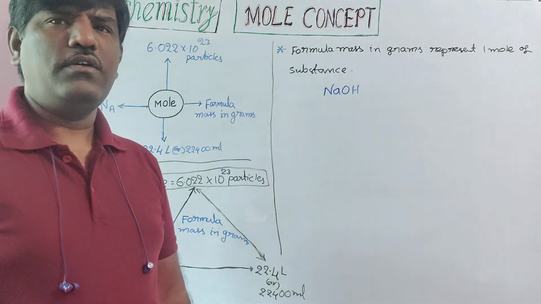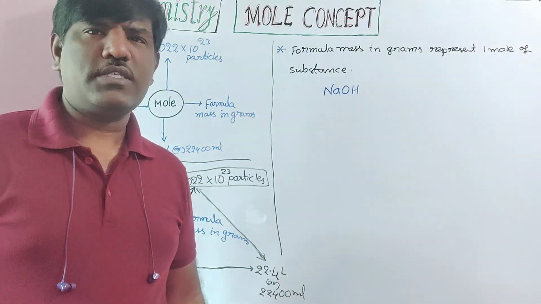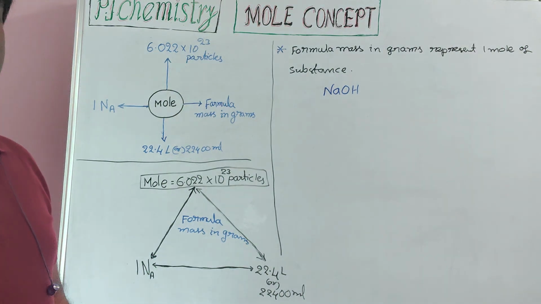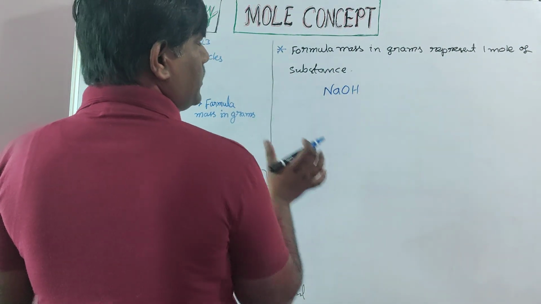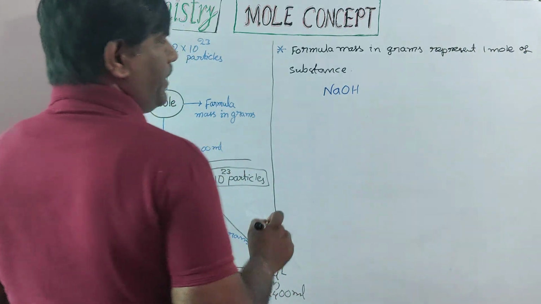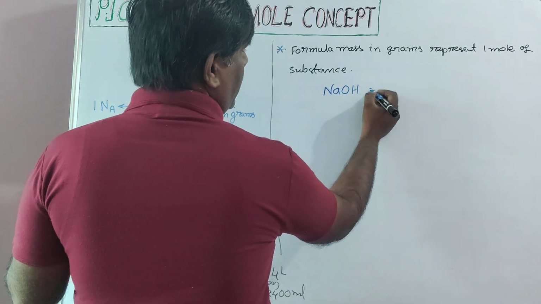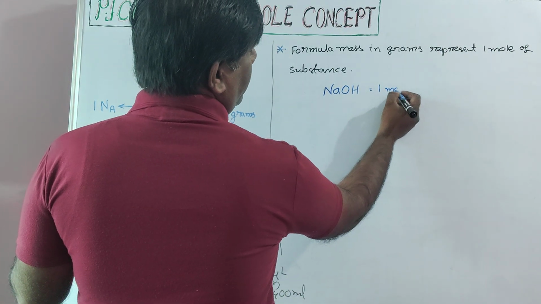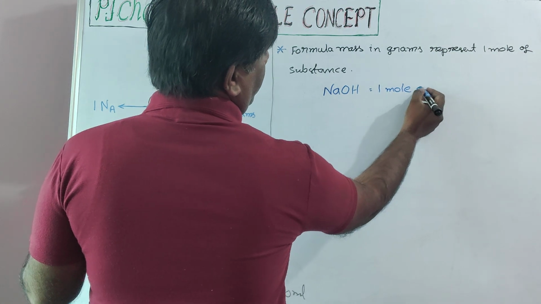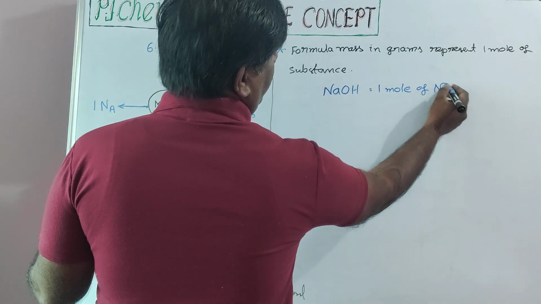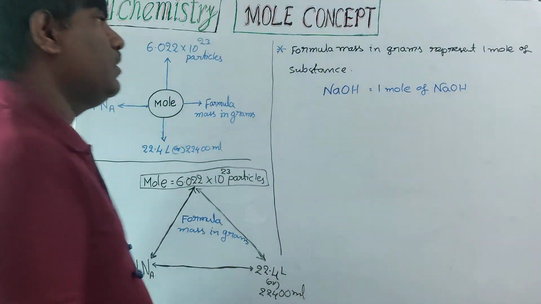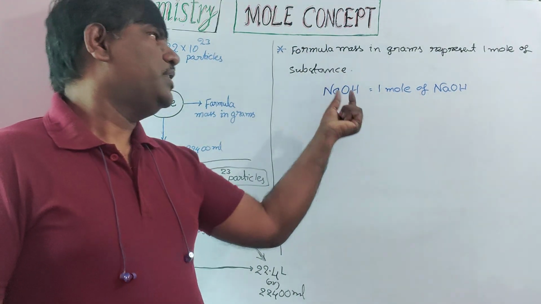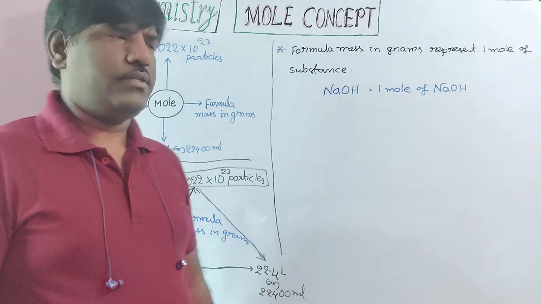Just now we discussed, how many moles of sodium hydroxide are present here? Very good, 1 mole. We are going to call it 1 mole of NaOH. Formula mass means we need to calculate its molecular mass.